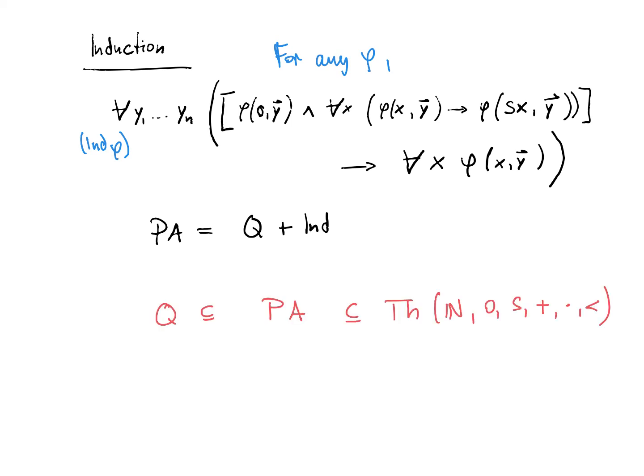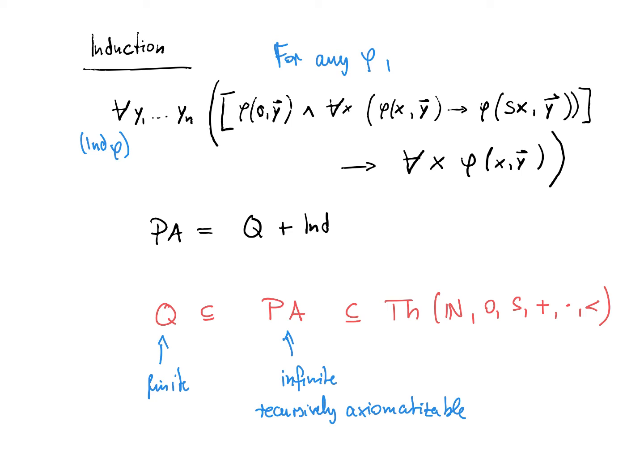So we have the following relation between the different theories. Clearly Q is a subtheory of PA, but Q, as we saw, is finite and therefore recursively axiomatizable. PA is infinite, but still recursively axiomatizable, because you can check whether a formula is of this form.